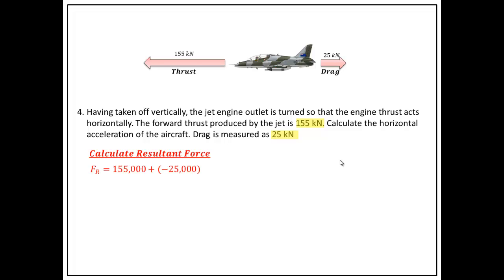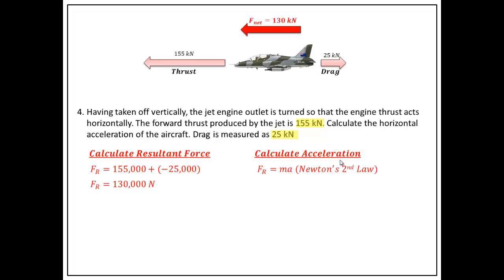I will make all forces to the right positive, that's the thrust, and those to the left negative, that's the drag. This should give me the resultant force, which is calculated to be 130,000 newtons.